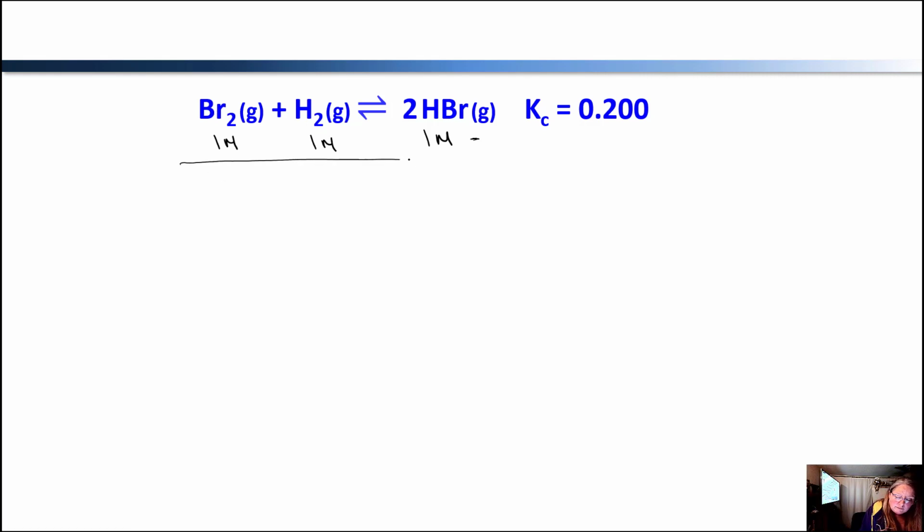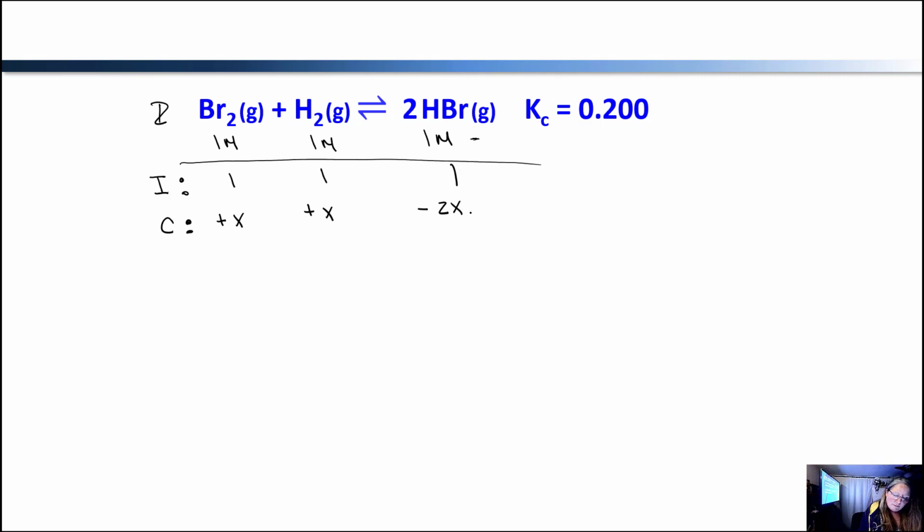Let's remind ourselves, this is my reaction. My initial concentration is going to be 1, 1, 1. My change: this is plus x, this is plus x, and this is minus 2x.